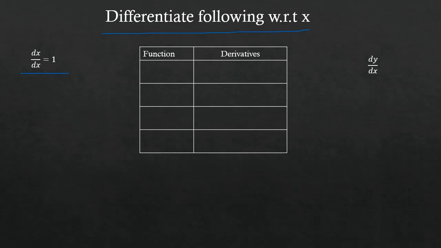When we take the derivative of x cube with respect to x, we simply write d by dx of x cube is equal to 3x square. We can write dx by dx after it, because the 3x square we got is the derivative of x cube, and then we take the derivative of x.